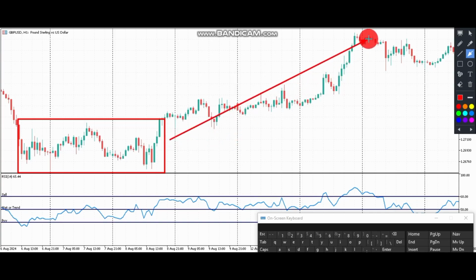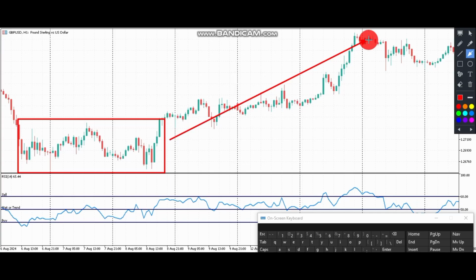Now if you are to consider this market, you are considering this market as a bullish market. This is the first step for you to know how to trade using the Wychoff steps. The first step is determine the market trend.